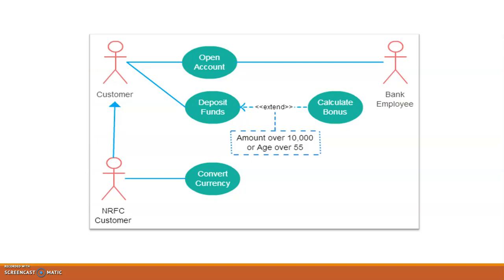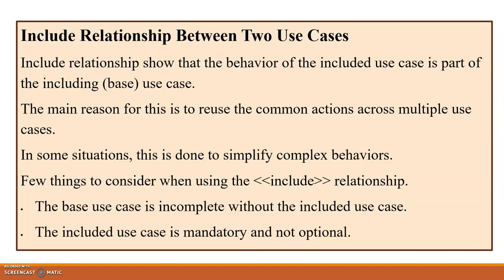Today we'll talk about the include relationship. Some points are there. The include relationship shows the behavior of the included use case. Again, one is the included use case and the second is the including. The base case we call the including, and the other is the included.